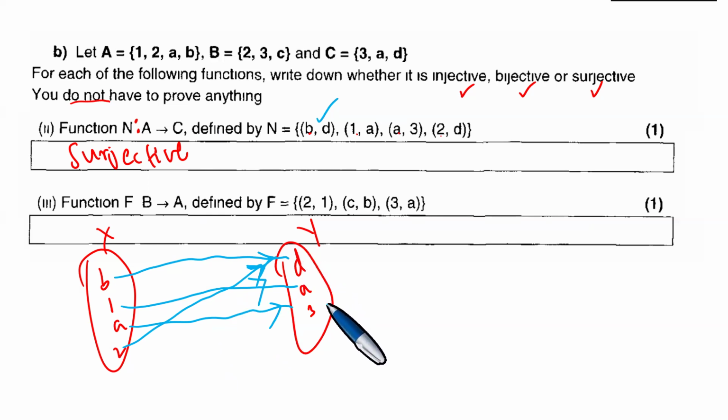For every element here, we can get an X that is mapped onto it. There's no element that has no friend from the X set, from the domain set. And so now we are able to see, therefore, this function itself is surjective.